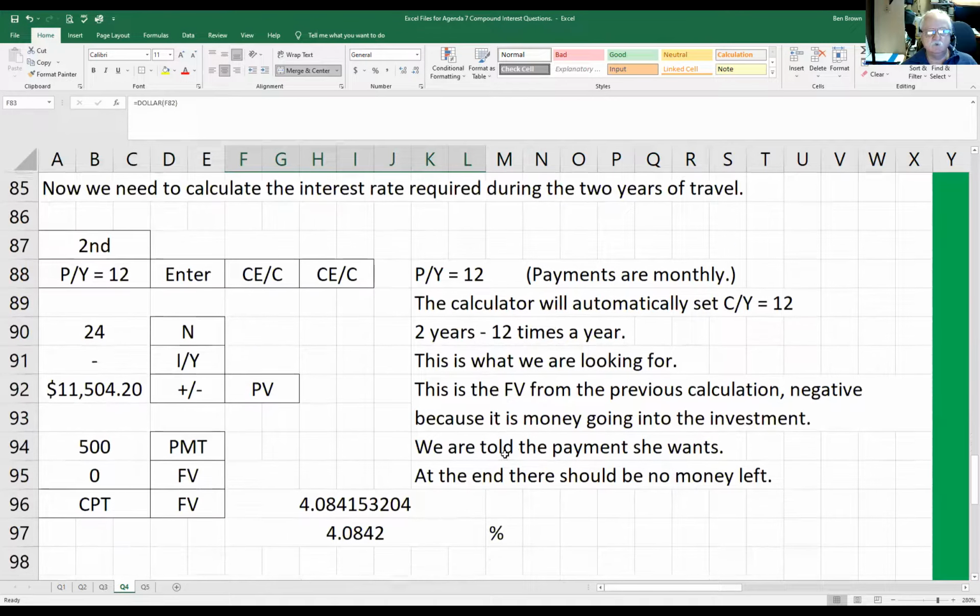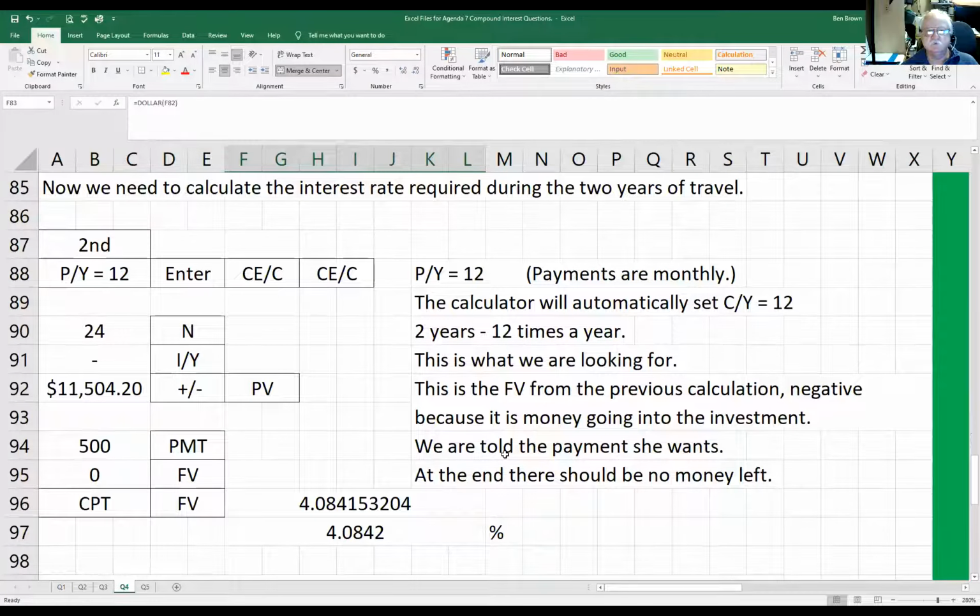Now we look at the 2 years of travel, and we're going to calculate the interest. Again, we set PY to 12, enter, CE/C, CE/C, which is clear, and the calculator knows to set compounding per year to 12. 2 times 12 times a year is 24. We have to figure that out for the calculator.